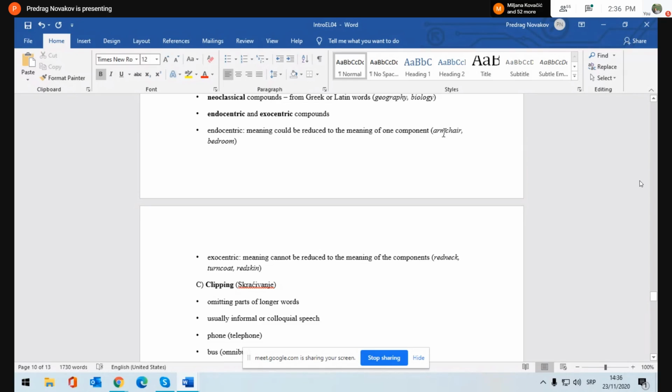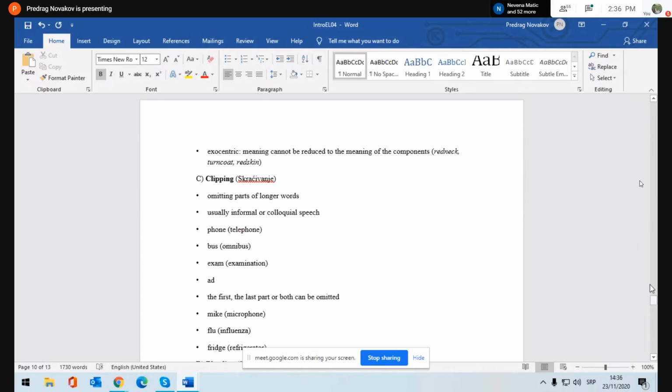Okay. So armchair, it is still a chair. Even if you omit arm, it is still a chair. In bedroom, if you omit bed, it is still a room. Okay, so this is endocentric, meaning inside. Okay, exo, meaning outside. Okay, so meaning cannot be reduced to the meaning of one of the components.